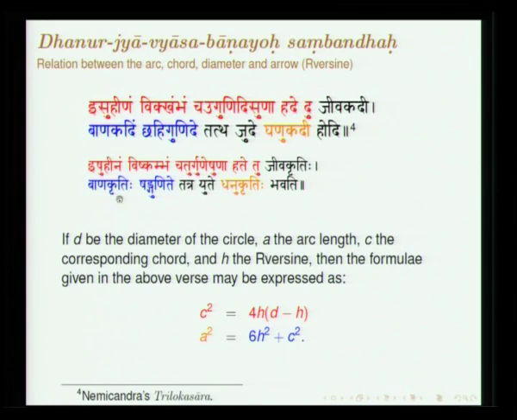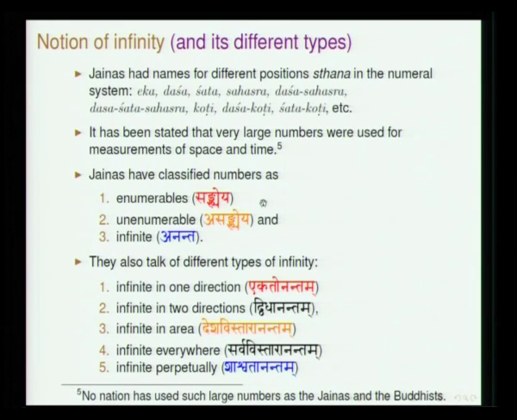Then Bana Kritihi Shad Gunite, so Chahi Gunite, Chahi is six in Hindi, you know. Tatra Yute, Dhanukritihi Bhavati. Dhanuhu is arc, so arc square is this. So, these are certain approximations which have been presented in Jaina works.